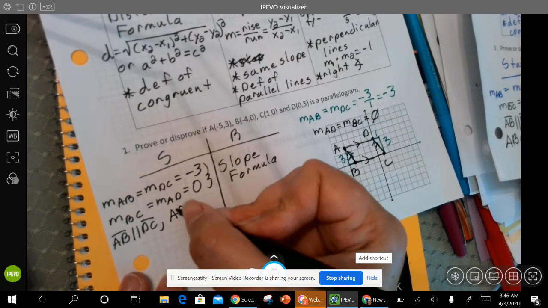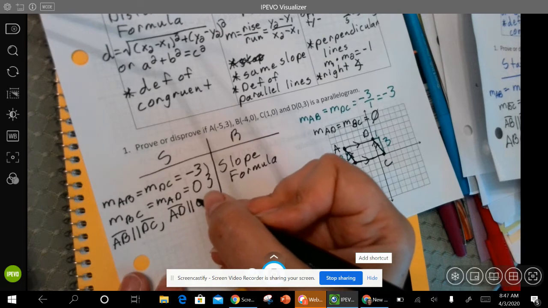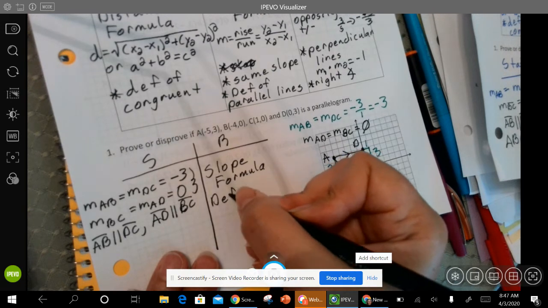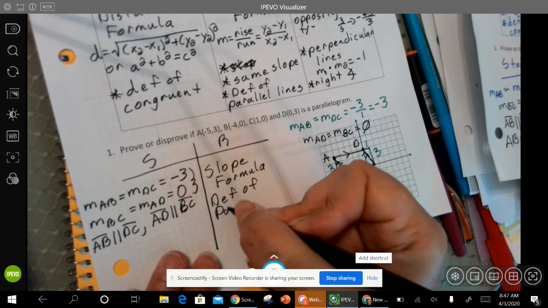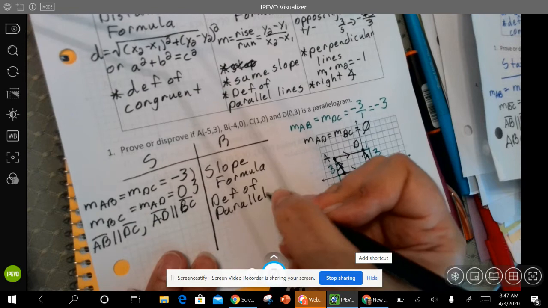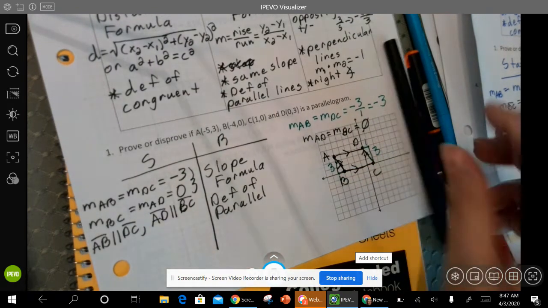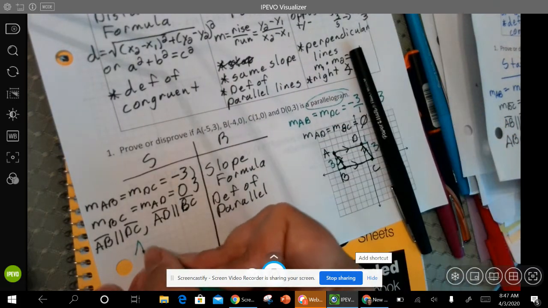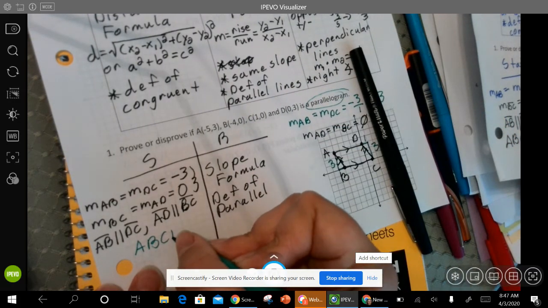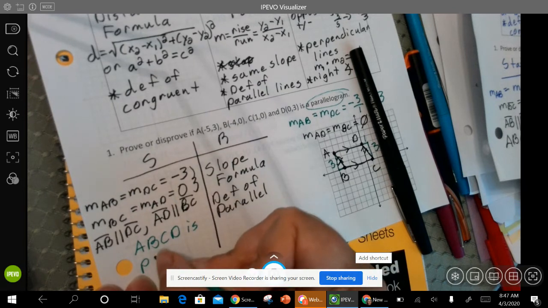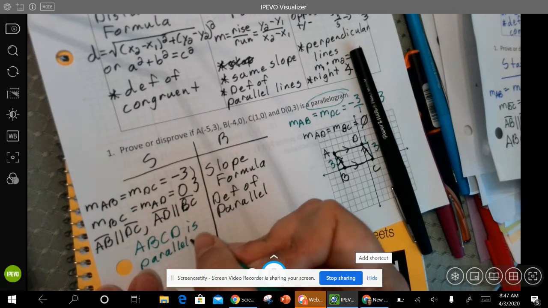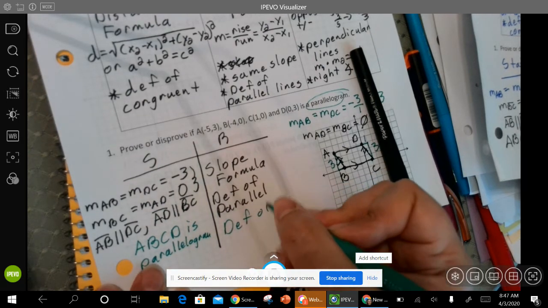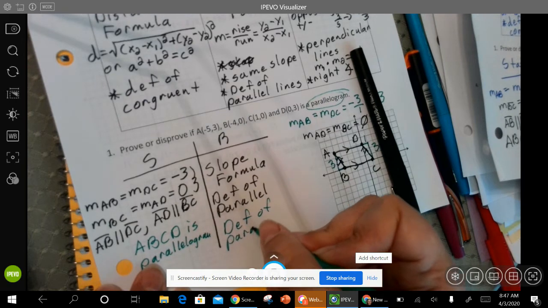AD is parallel to BC by our definition of parallel. So now we're ready to prove that it's a parallelogram. So opposite sides are parallel, so ABCD is a parallelogram. And that's by definition of parallelogram.